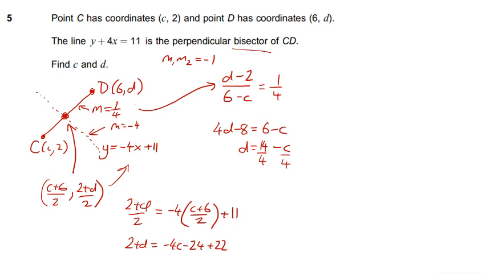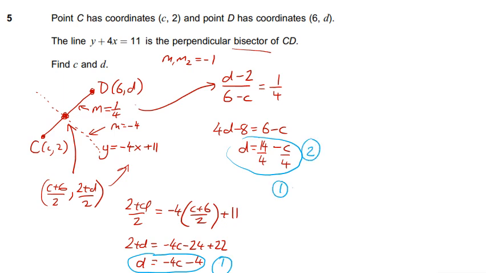And if we rearrange that for d and simplify, we get d is equal to minus 4c minus 4. So it's a case now of solving this and this one simultaneously, and because I've rearranged them for d, we can just subtract one from the other. If we call this one equation 1, this one equation 2, then let's do 1 minus 2.